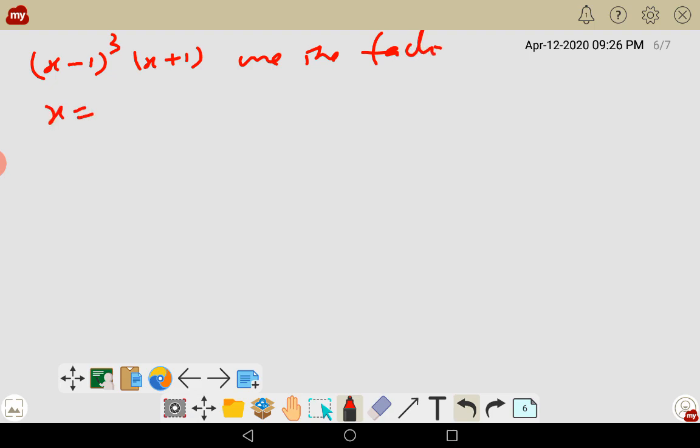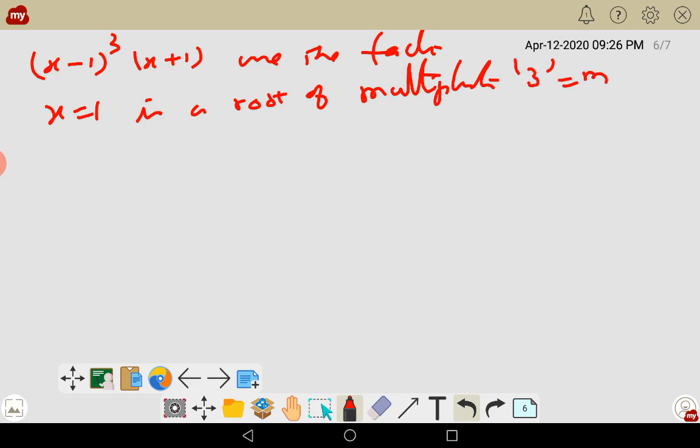So x equal to 1 is a root of multiplicity 3, which is m, isn't it? So the multiplicity is 3, so what is the root behavior?